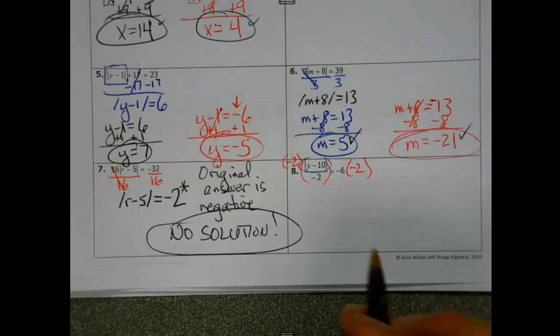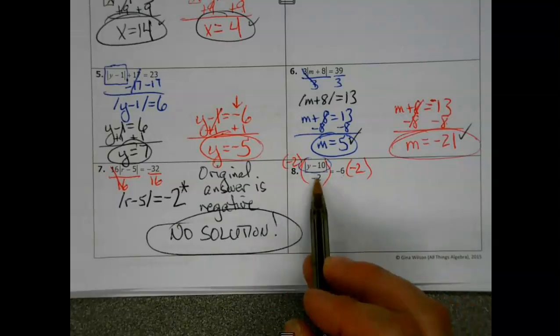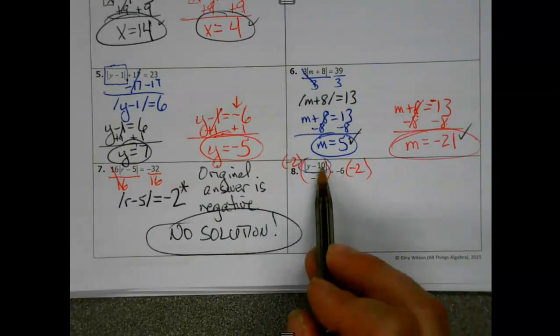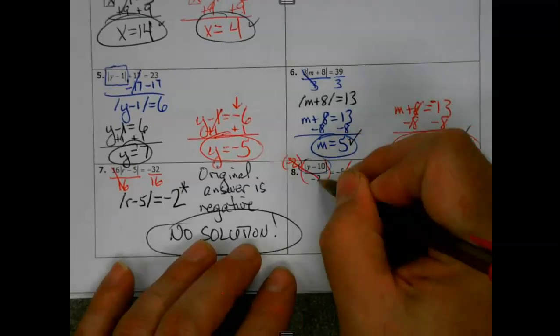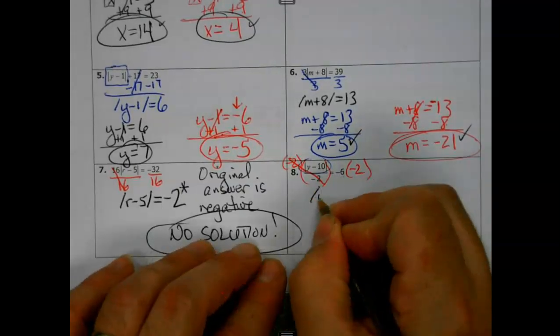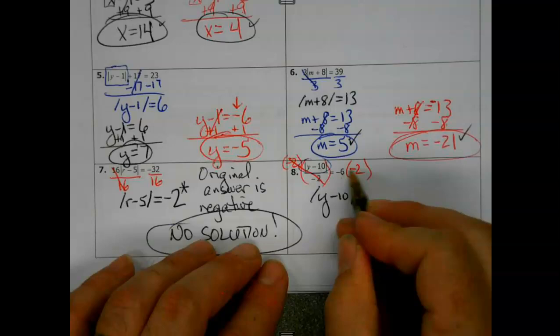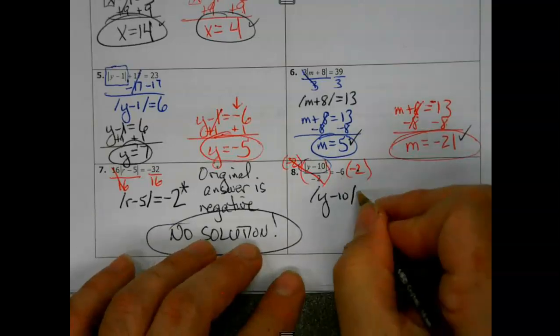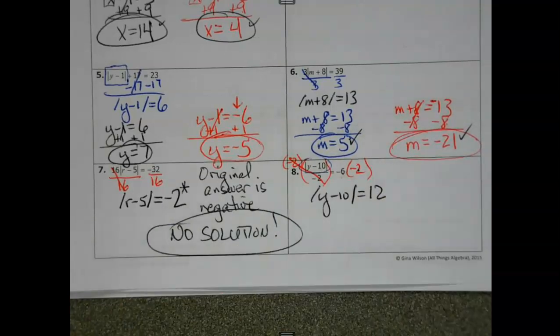Because, in this case, when I fix this side to get my absolute value alone, check this out. What's negative times negative? Positive. I can do this one.